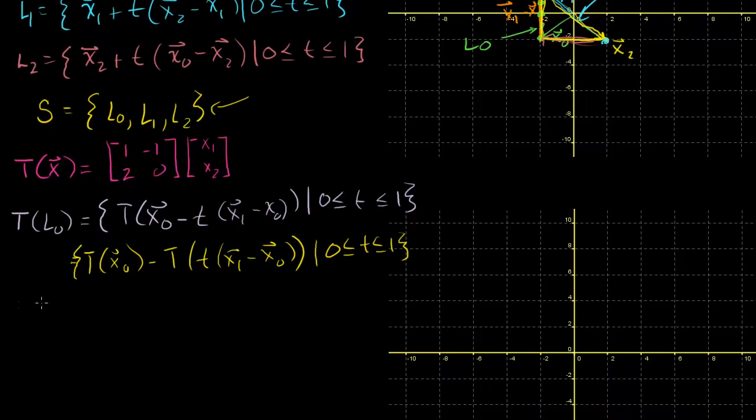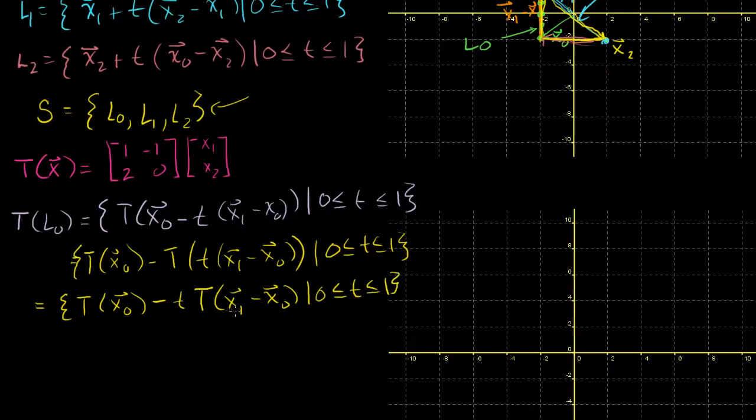So this is equal to the transformation of x naught plus t, our scalar multiple, times the transformation of the vector x1 minus x naught, such that 0 is less than or equal to t is less than or equal to 1. And the transformation of the sum of two vectors is equal to the sum of their transformations. We've all seen this before.